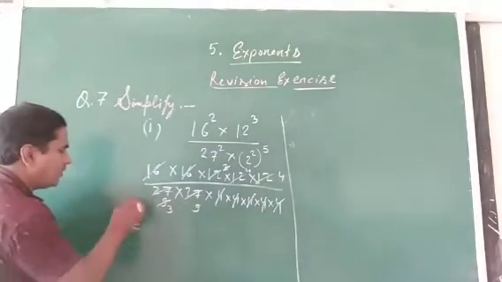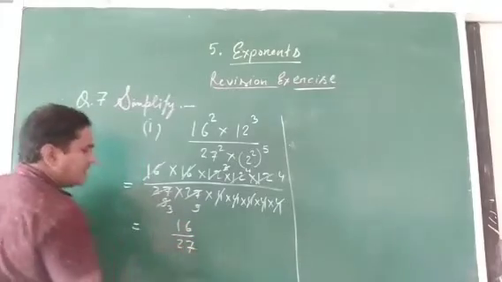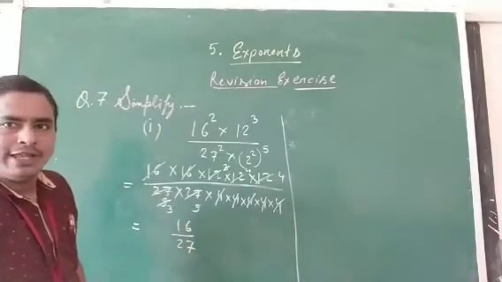So here the answer is what? 4 fours are 16 and 3 nines are 27. This is the answer by the expanding rule.